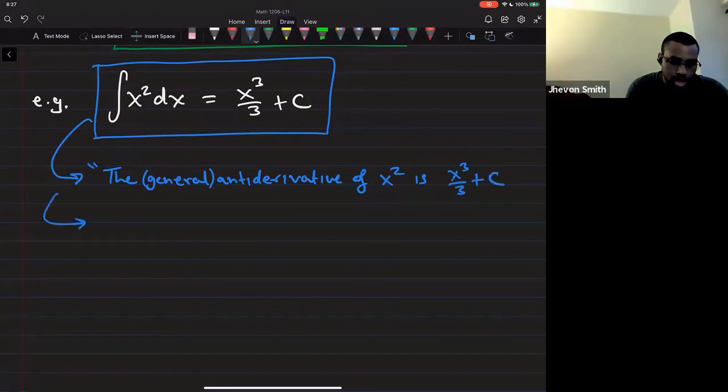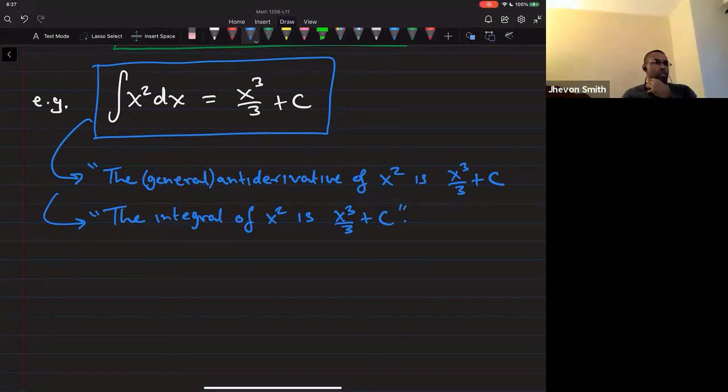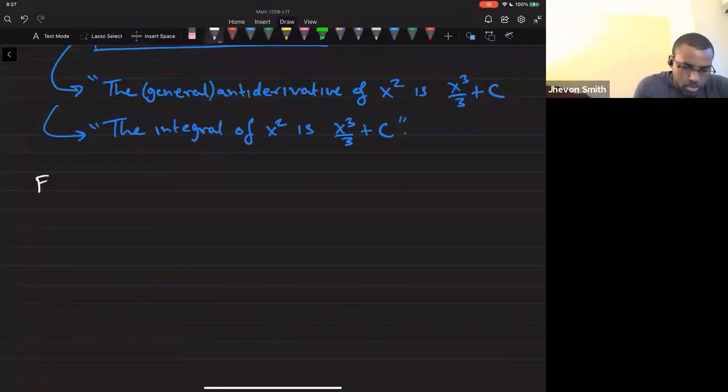Or I can say it another way: I can say the integral of x squared is x cubed over 3 plus c. And usually when we say integral, we mean indefinite integral. FYI.